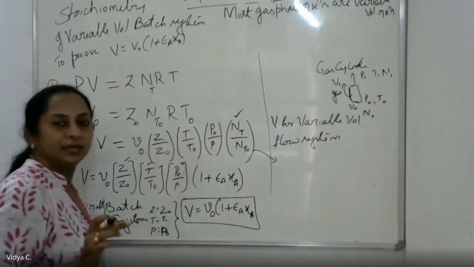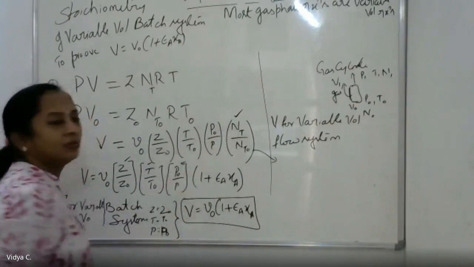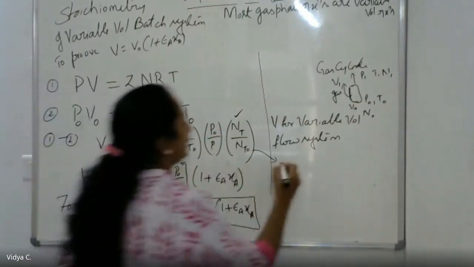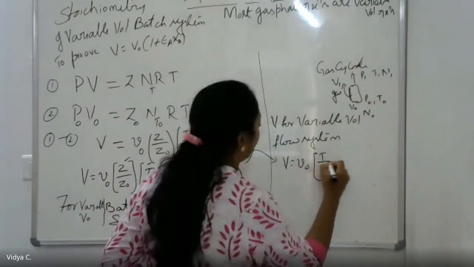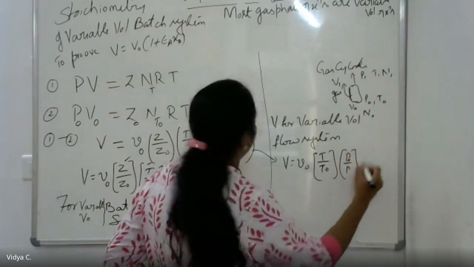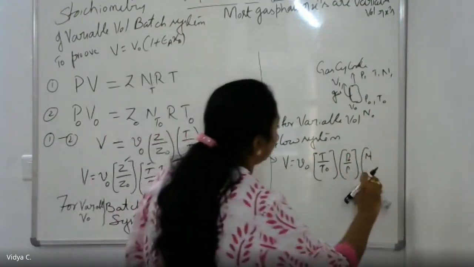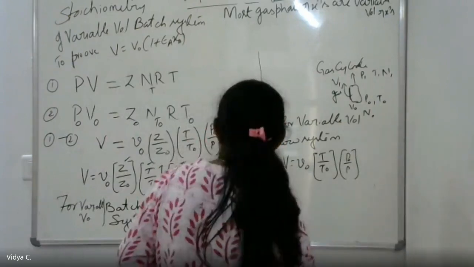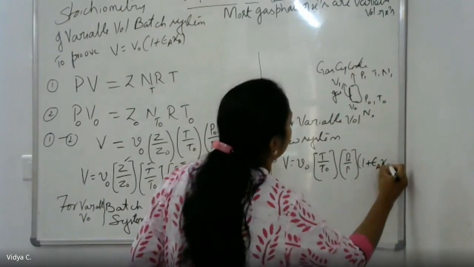Compressibility factor I can retain. So temperature is varying, pressure is varying, and number of moles are varying. So I will write this as V is equal to V naught into T by T naught into P naught by P into NT by N naught. NT by N naught is 1 plus epsilon A XA.